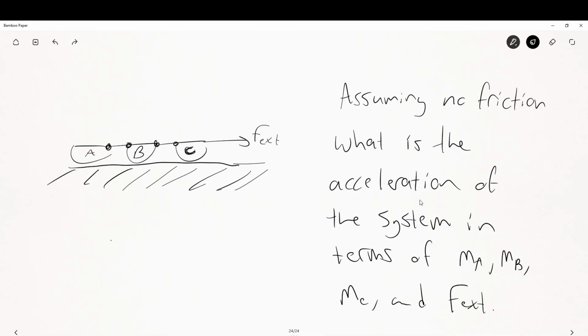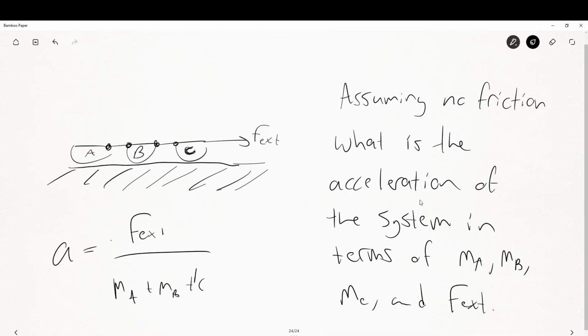And so what we have to determine is, does the system act as one large mass when it's coupled together by these strings? And the answer is going to turn out to be yes. So the final answer, which I will justify, is going to be that it's just F external divided by MA plus MB plus MC.